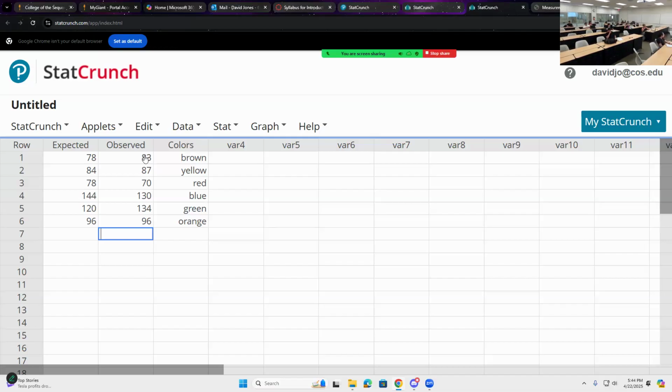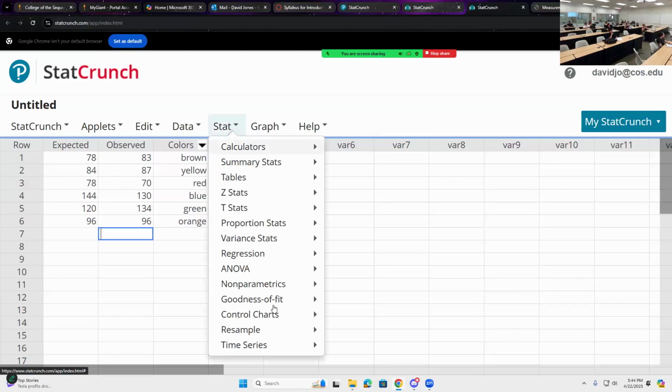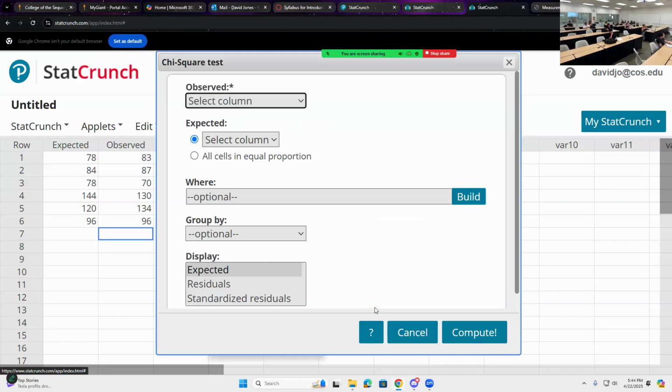Then once you've got the columns in, you go to Stats, it says Goodness of Fit, and then Chi-Square. You see the observed column, I labeled it observed so that I could find it easily. And since the proportions are not equal, I have to tell it where to find them.